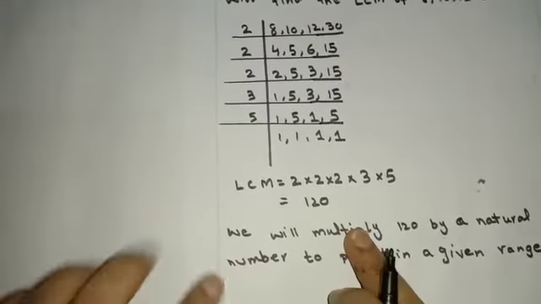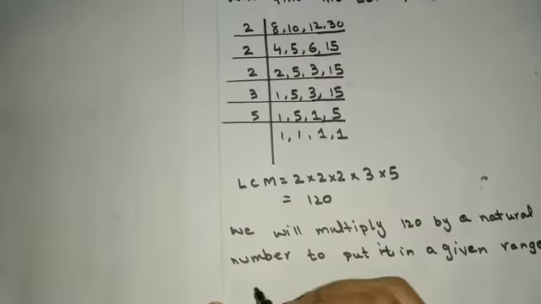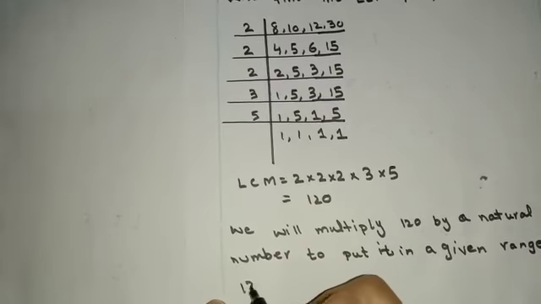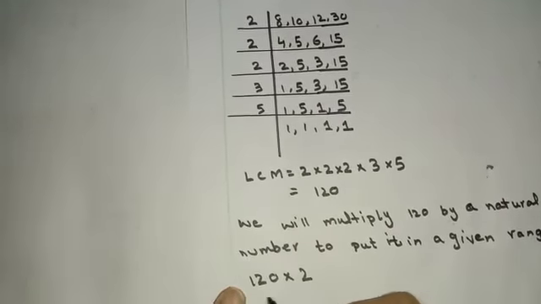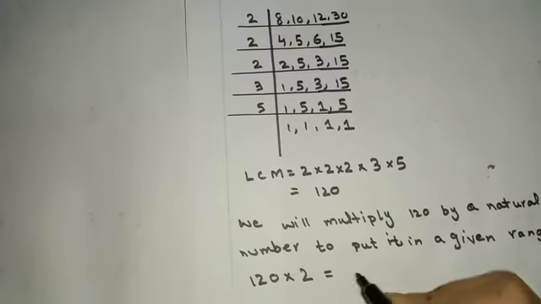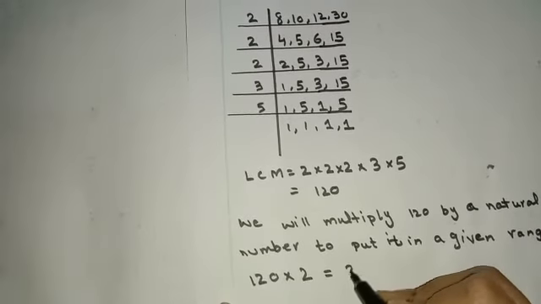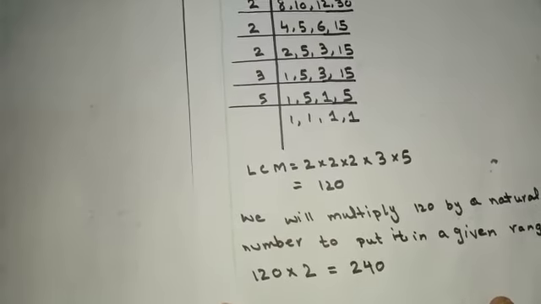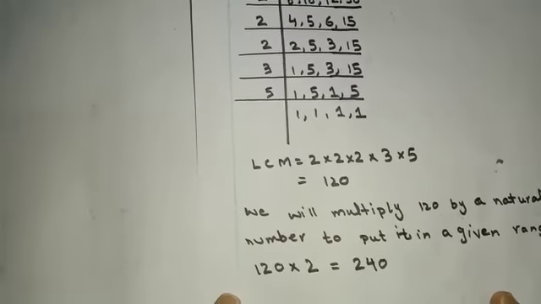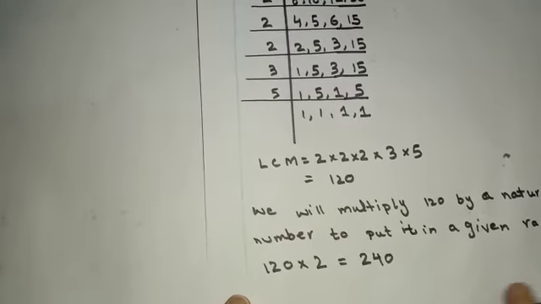Because we have to put 120 in the given range, that's why we will multiply it by 2. Now it will become 240, right? Now it is greater than 200 and less than 500. It means now we have put it in the range.